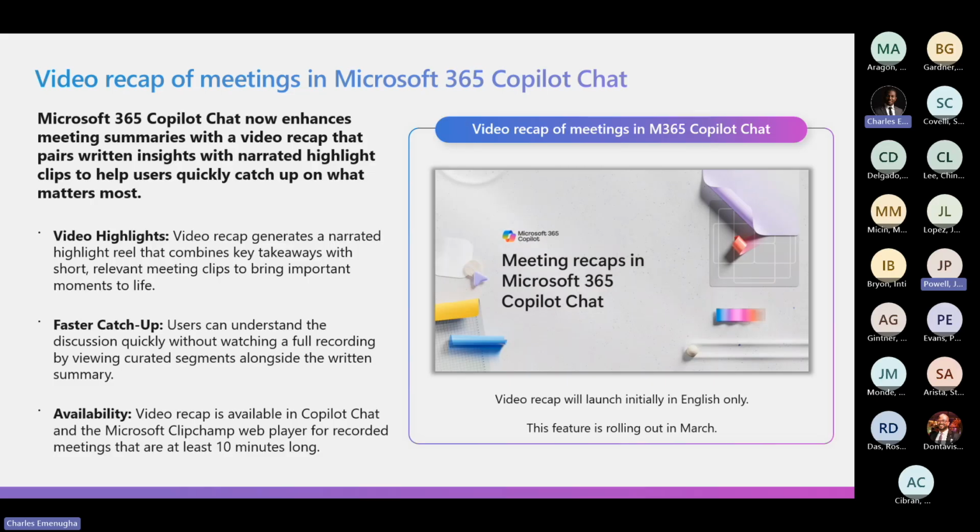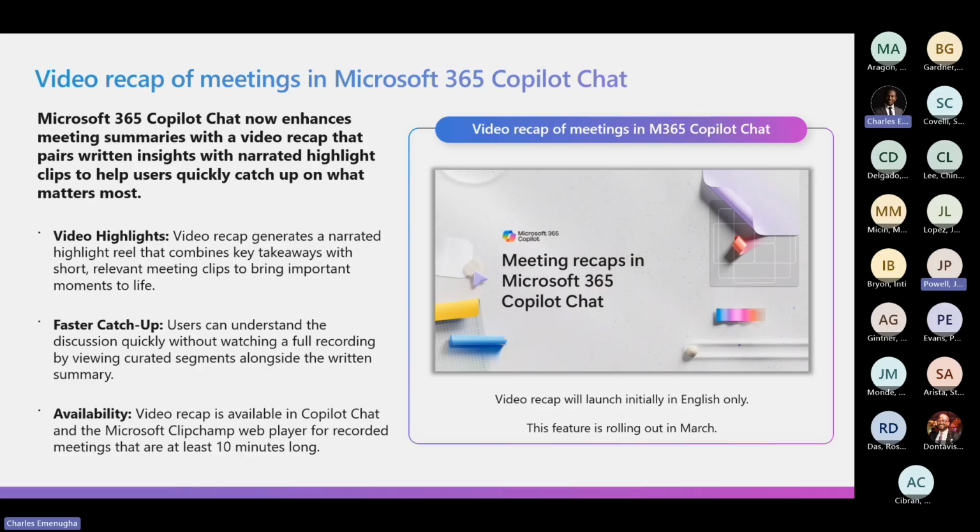So that means for video recap to work, the meeting has to be recorded. If the meeting is merely transcribed, then there is no video recap because there was no recording. So the Teams meeting must be fully recorded, not just transcribed.